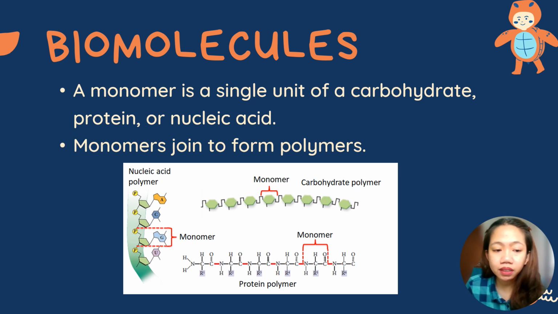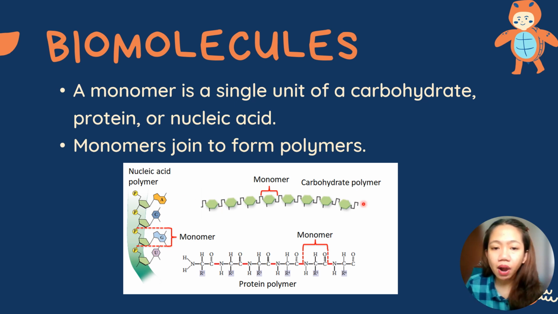For example, in deoxyribonucleic acid or DNA, each long chain or strand of DNA is made up of nucleic acids. So that one single unit of nucleic acid is the monomer. Now, if you combine multiple nucleic acids together, creating a long chain of DNA, that is now a polymer.